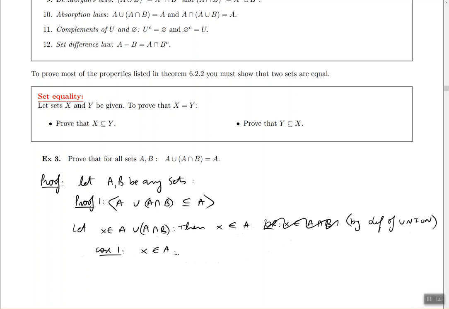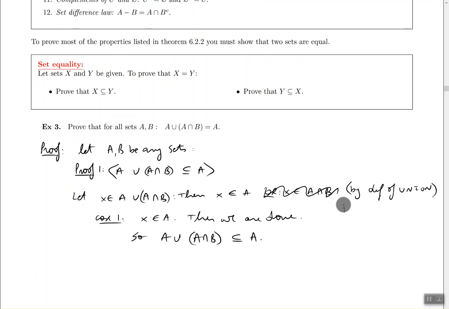So if X is in A, then we are finished. We are done. Why are we done? Because remember, the whole purpose of the problem right now is to show that you're a subset of A. If your X is already in A, then your X is already in A, and so we're done. So A union (A intersect B) is automatically a subset of A. So we got lucky there.